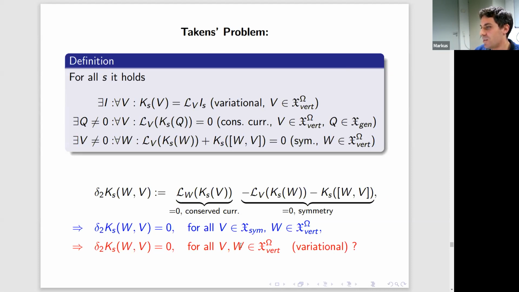That this implies the red one: it also vanishes for all vector fields which are vertical and have support in pi minus 1 omega. So the big question is now, can we go from the blue one to the red one? This is basically the proof of what has to be done. Everything else directly follows by our assumptions and additional assumptions we make in our theorem, if you formulate it precisely.